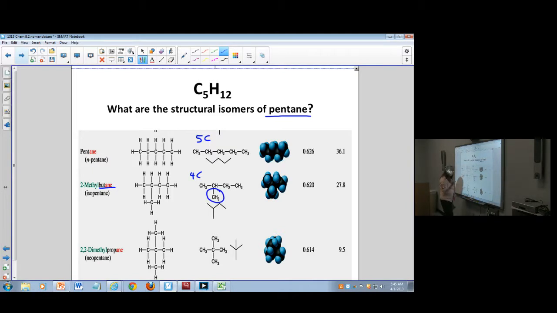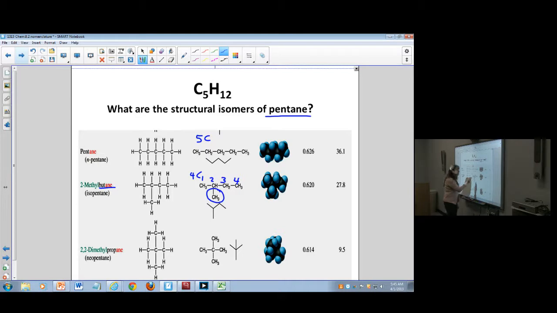It's methyl because it just has 1 carbon, and it's numbered in such a way that it gives the lowest possible numbering to the methyl group. And so in this case, we'd say 1, 2, 3, 4. You should number your carbons always when you're doing these kind of more complicated structures. And then you can see that your methyl group is on carbon 2.